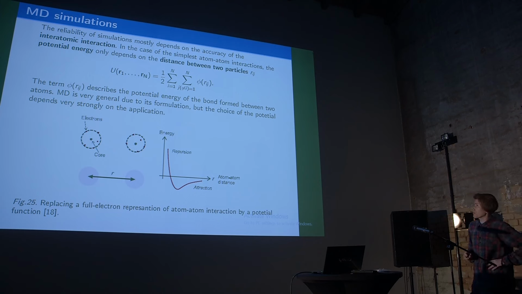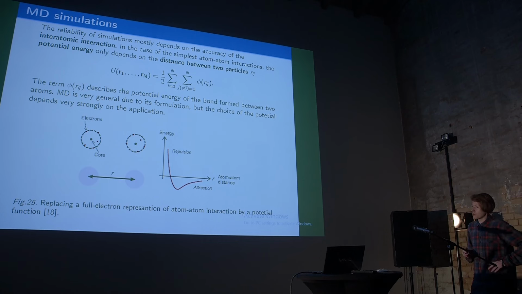There are a lot of different functions that can describe the energy of the bond formed between two atoms. This function can be obtained from experiments, so we use different techniques to get the parameters.